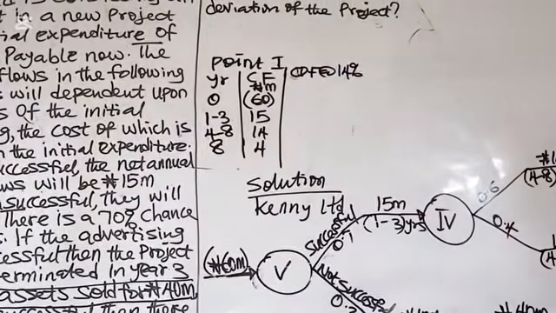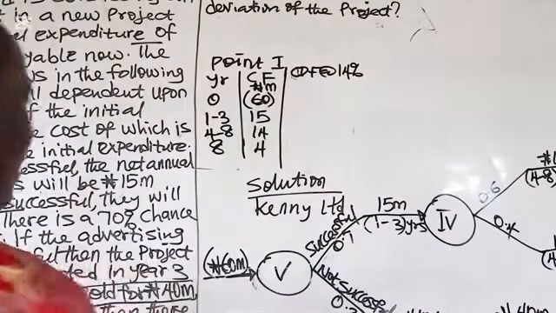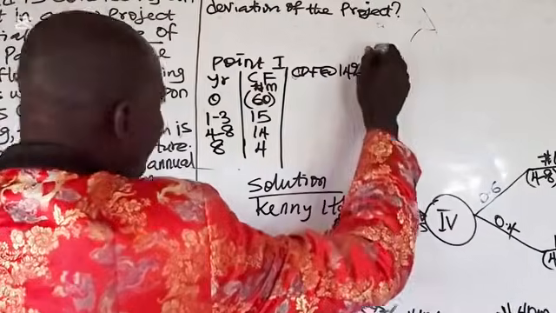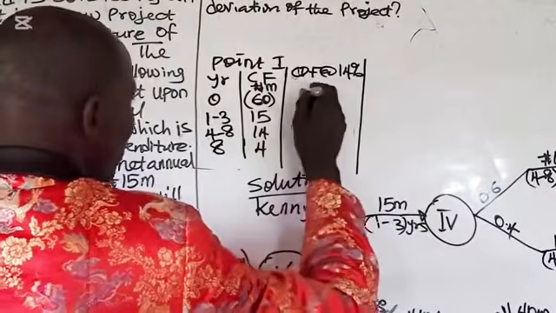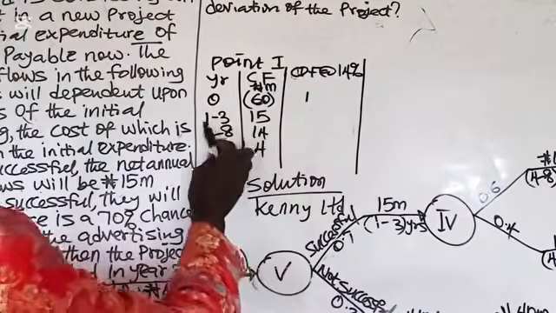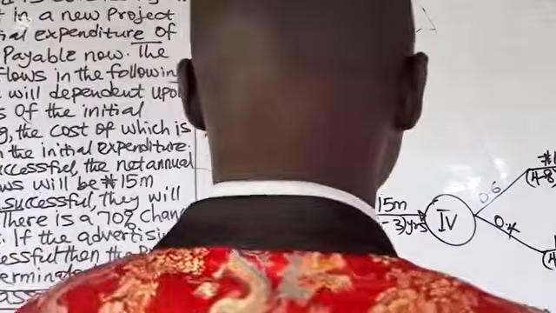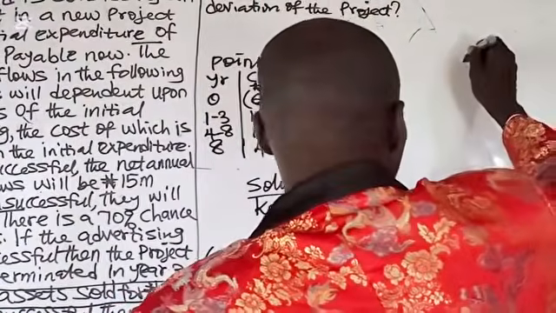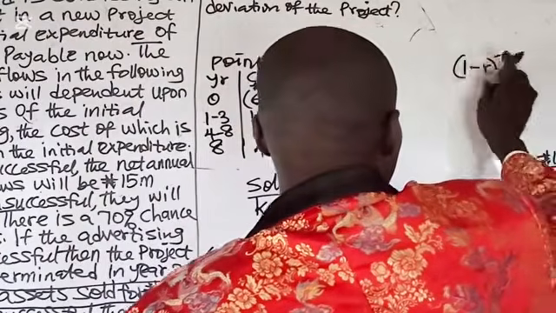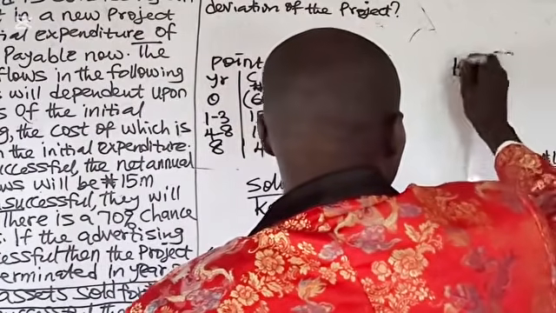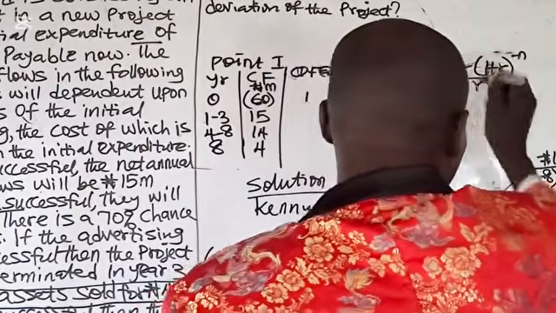Since the years are grouped in range, year 0 is always 1. Year 1 to 3, since it is grouped in range, means you make use of the annuity formula: 1 minus (1 plus r) raised to power minus n, over r.